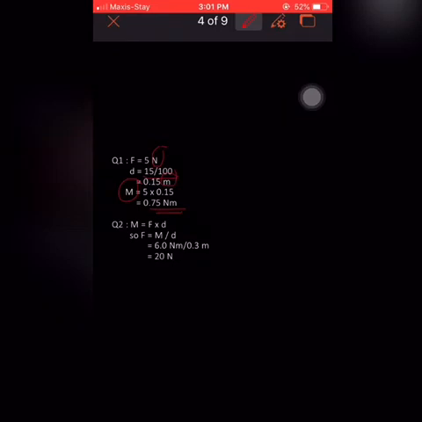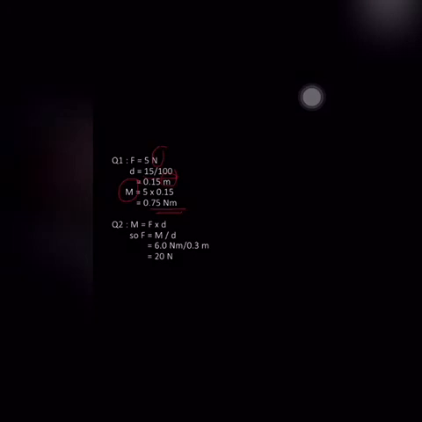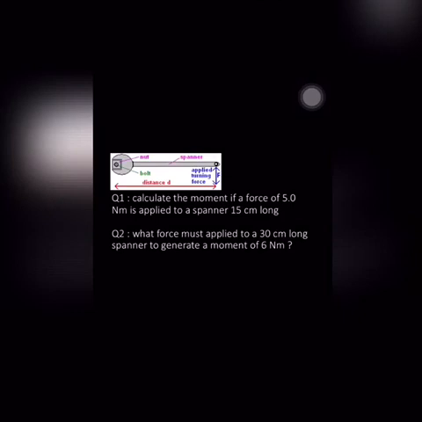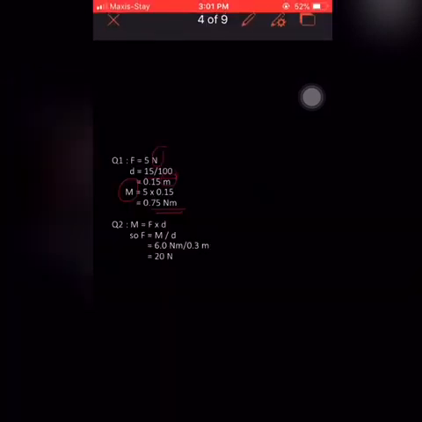For question 2, what force must be applied to generate a moment of 6 Newton meter? As we know, to calculate moment, force must be multiplied by distance.